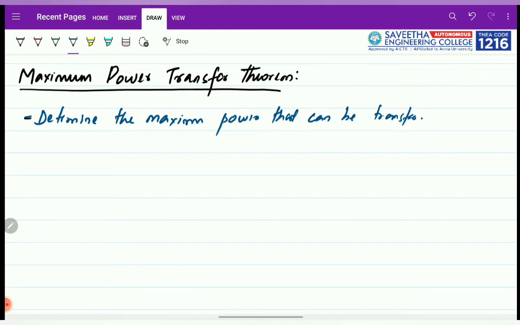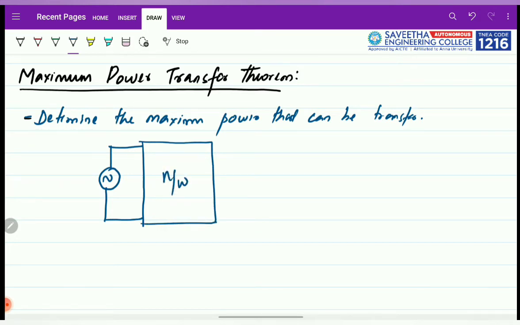I will quickly tell you why these things are important, because whenever I consider a system, if I have a generating station, it generates some voltage, and that is given to another network. The generation is taking place in this network, and then finally it is given to some load. This load can be anything like a fan load or a light load or anything that converts energy.